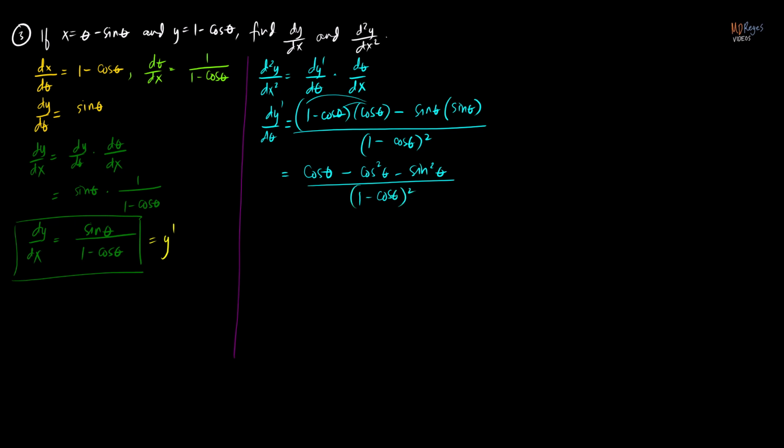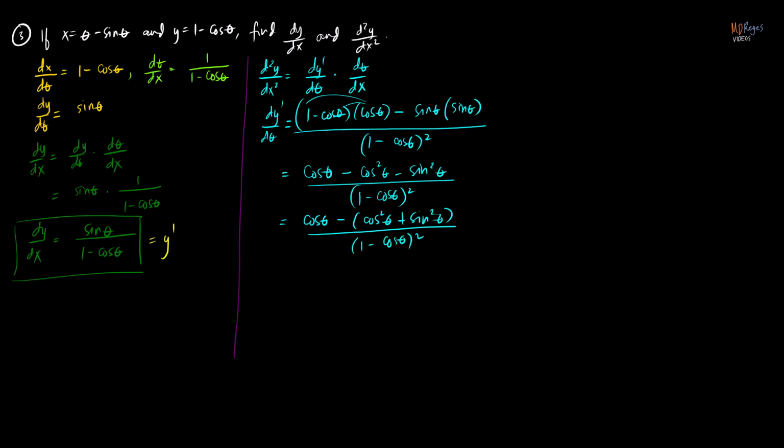Now factoring negative 1 from the second and third terms in the numerator, we'll have cosine theta minus the quantity cosine squared theta plus sine squared theta. According to an identity, the expression inside the grouping symbol is equal to 1.